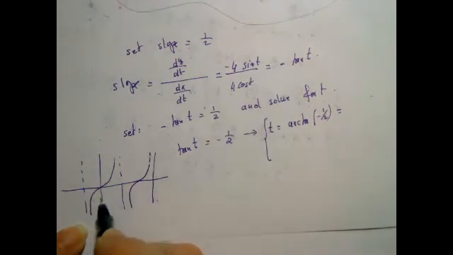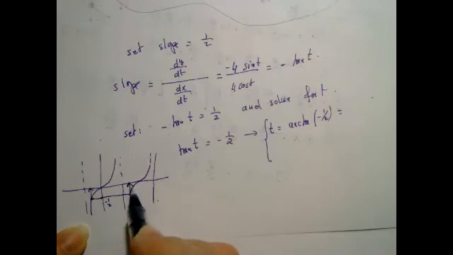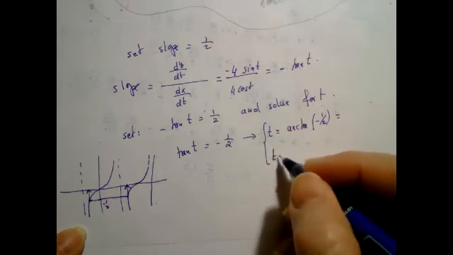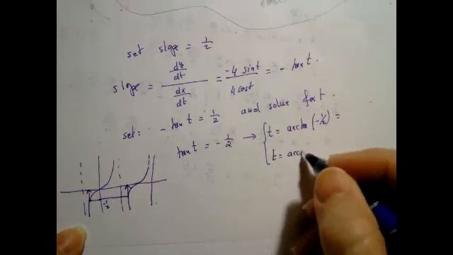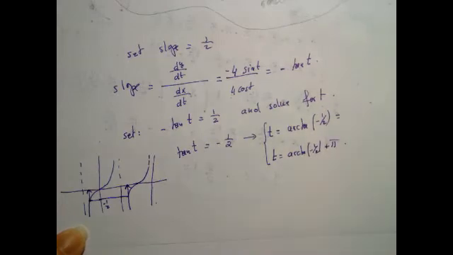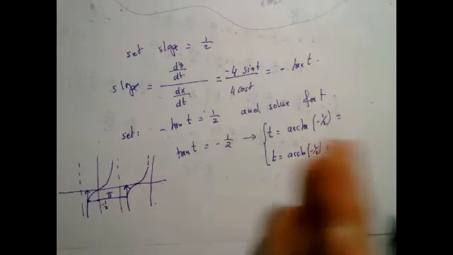So I have the tangent to be minus 1/2. Let us say this one, minus 1/2. But then if I add pi to it, I will have another angle which has the same tangent. So another value is arctangent of minus 1/2 plus pi. Both will have the same tangent because the tangent by itself is periodic, with period pi.